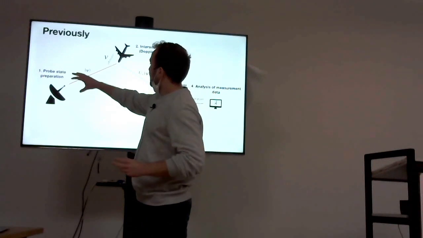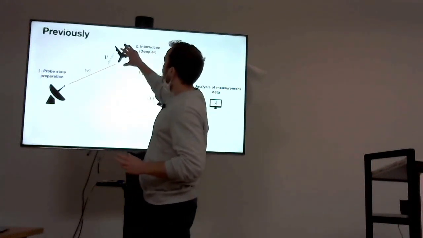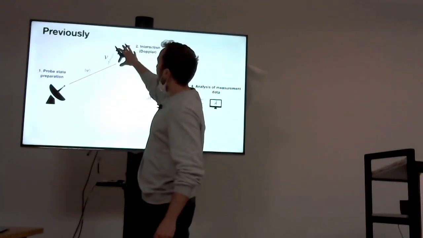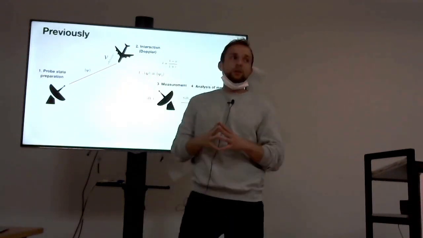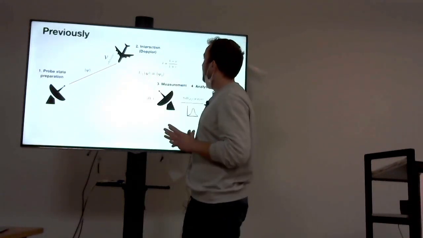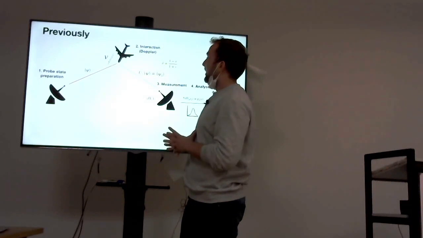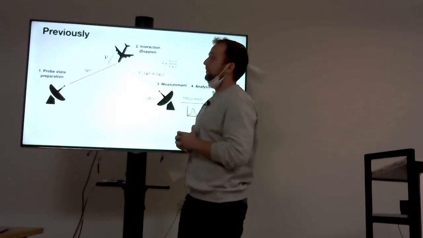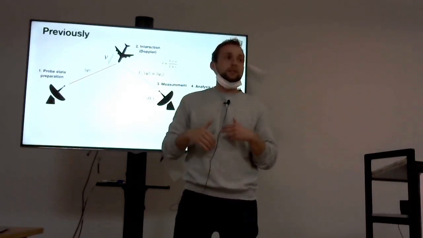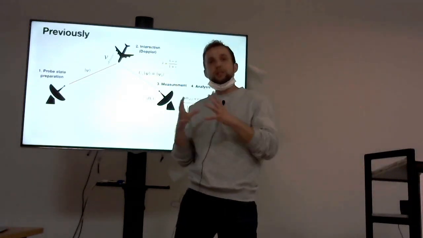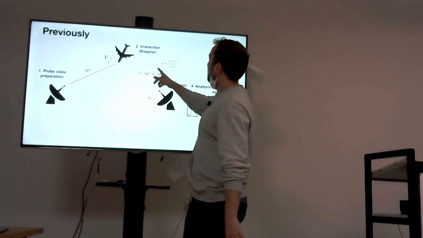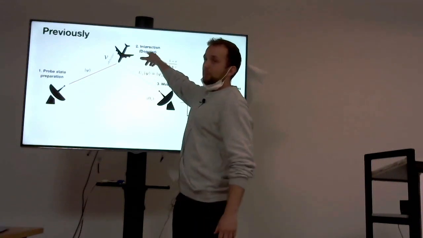This probe state is sent to the target of interest, which is moving with a constant velocity, and there it interacts with this object. In this case, it's just reflected and the frequency is shifted according to the Doppler effect.